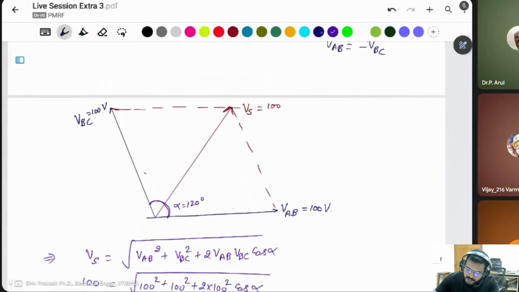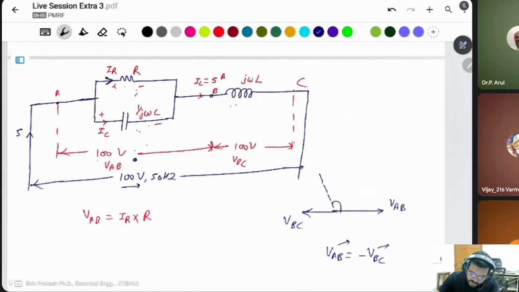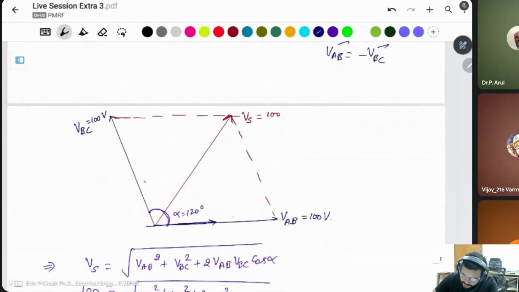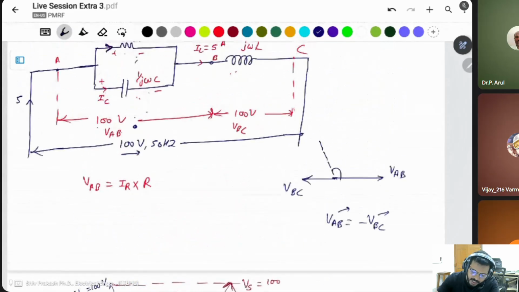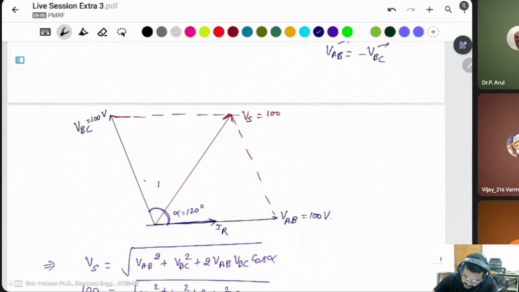I have taken VAB as the reference, with VAB angle 0. That means the resistance current IR is in the same phase as VAB. If this is IR, this is the capacitor current, which is displaced by exactly 90 degrees, the 90 degree difference of IC.